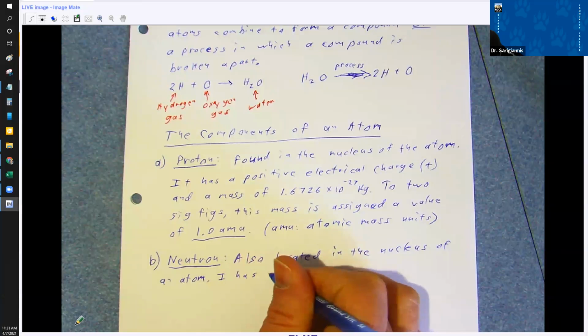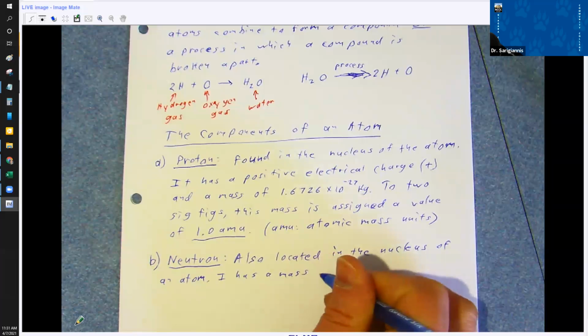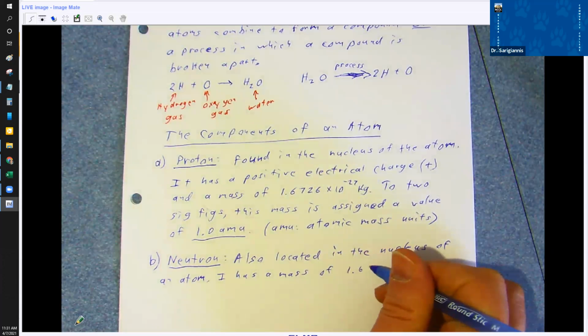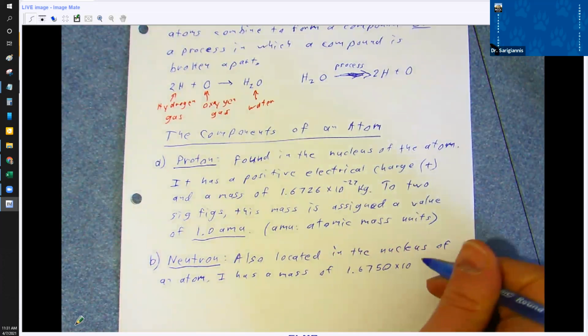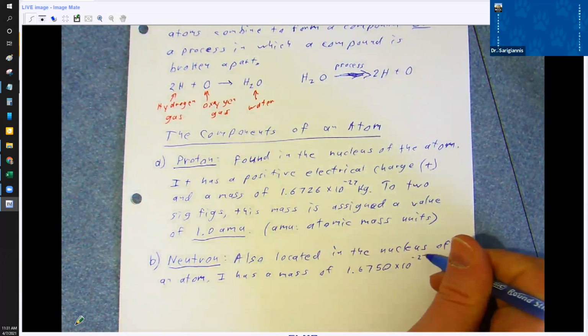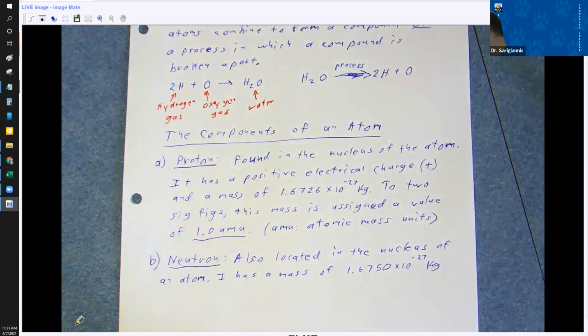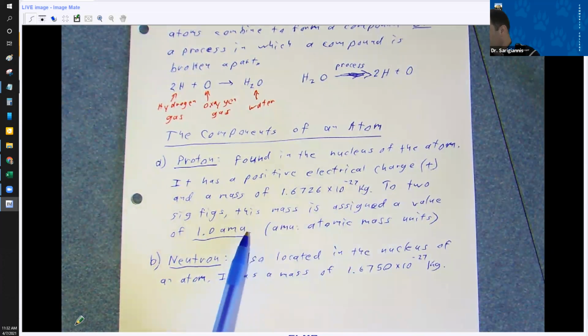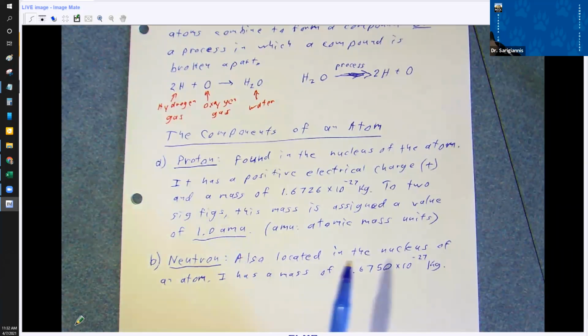It has a mass of 1.6750 times 10 to the minus 27 kilograms. Right? So notice very close to the mass of a proton, right? And in fact, this is why we say to two significant digits, this mass is assigned a value of 1 AMU.